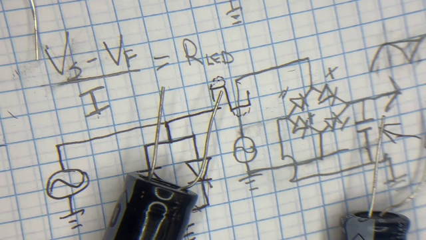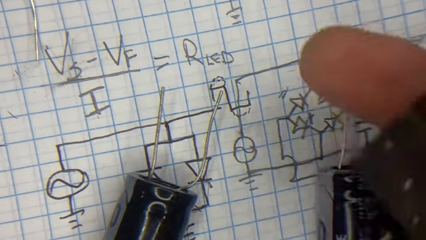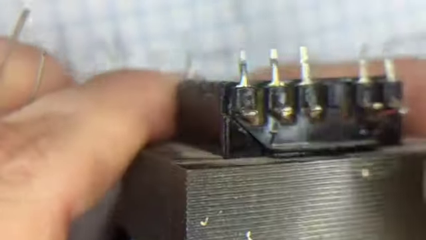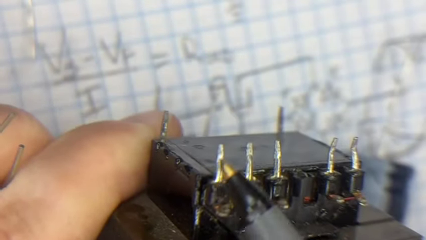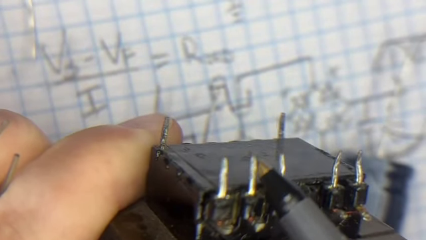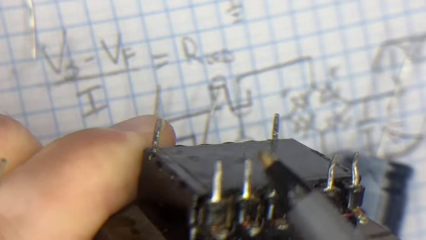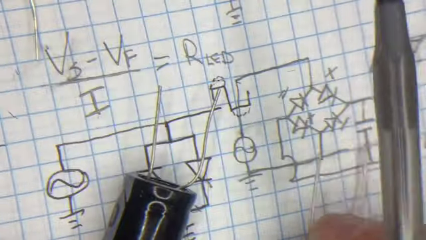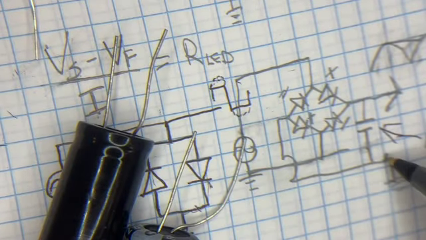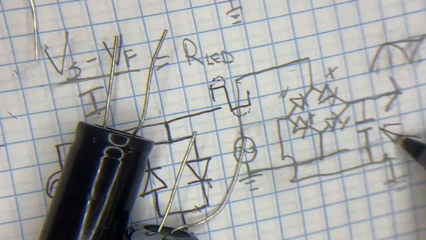Well, I've got a transformer around here somewhere. Yeah, here we go. Here's a transformer that has a center tap right here. So you run this to your ground line, run these to your rectifiers, and all of a sudden this becomes a negative supply and this becomes a positive supply.